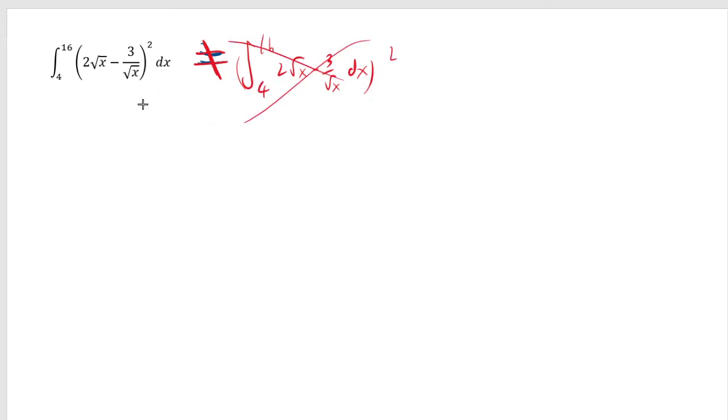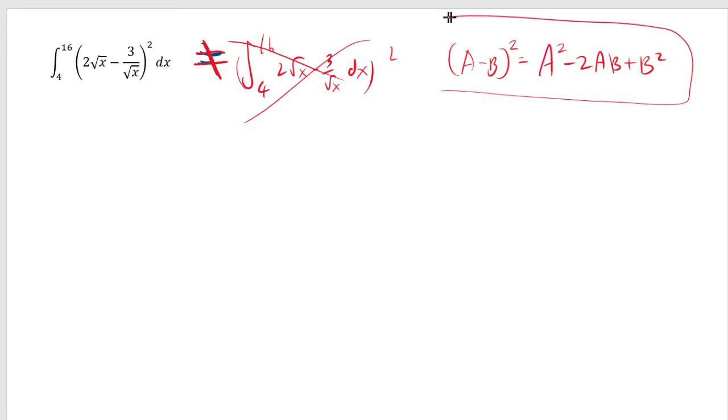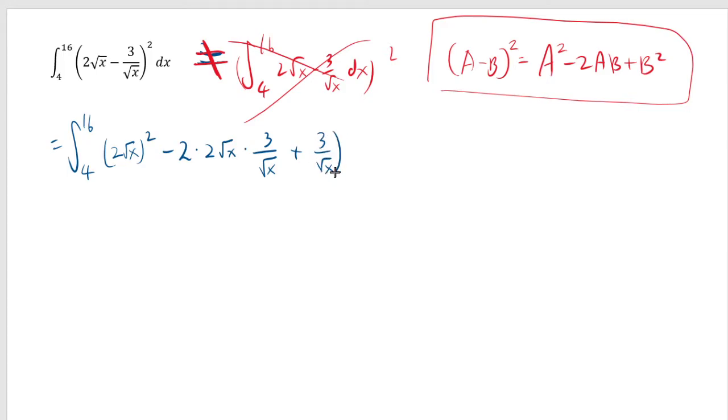Rather, what you need to do is to use the fact that (a minus b) squared is a squared minus 2ab plus b squared, right? So you probably know this identity and apply that to here, which yields, from 4 to 16, the integral of the first squared, minus 2 times 2 radical x times 3 over square root of x, plus 3 over square root of x squared.